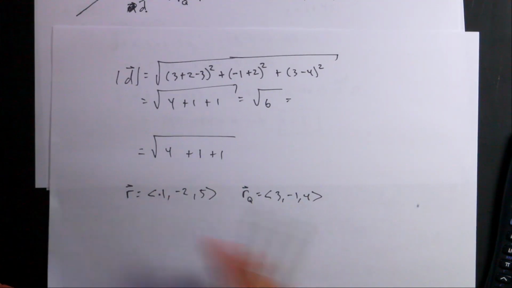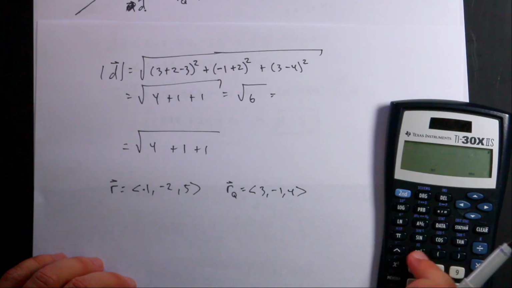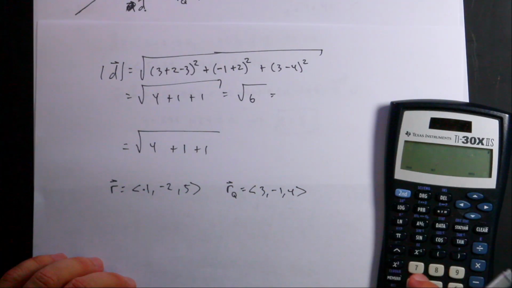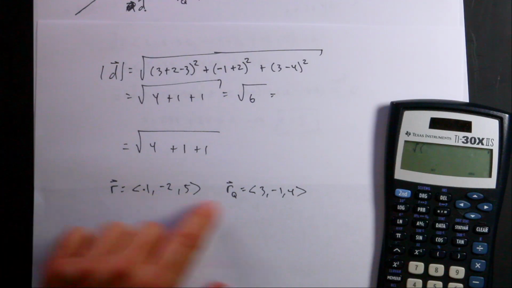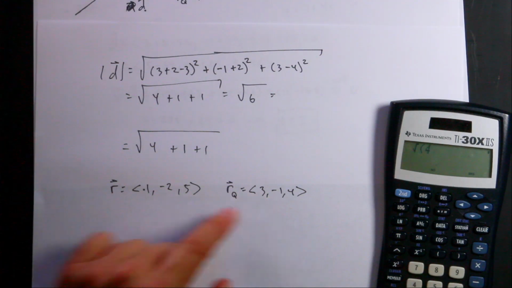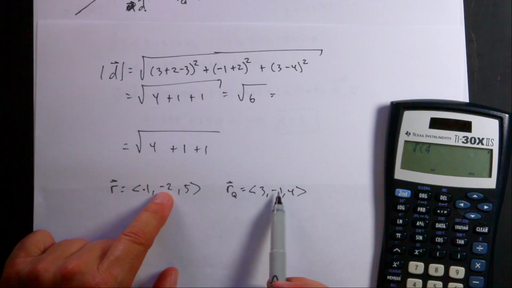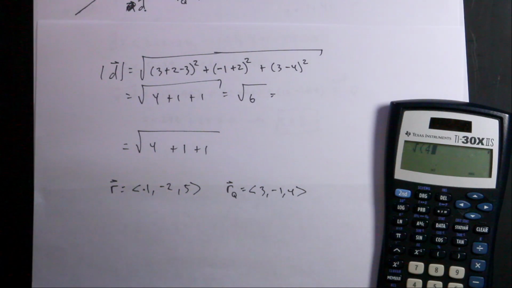Okay, so now I'm going to do this in one fell swoop on the calculator. So I'm going to say square root. It's going to be this minus this squared. So that's 4, right? Yeah, 4. This negative 2 minus negative 1, I'm going to get the square root of 6. Well, that's not the same thing.